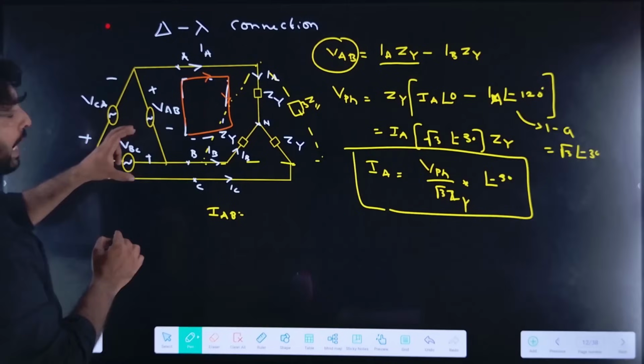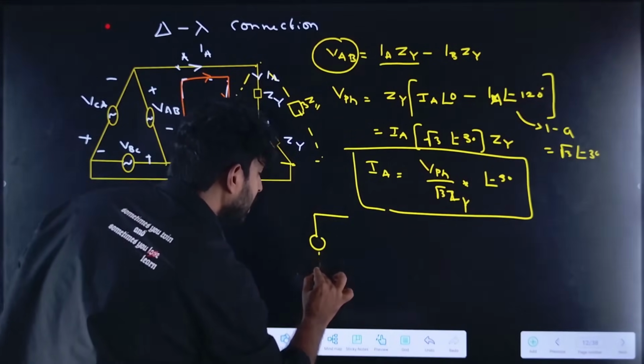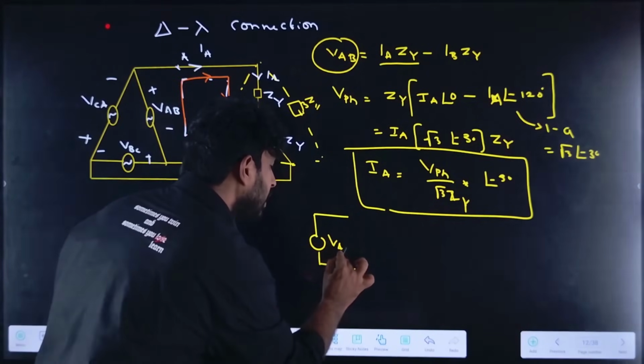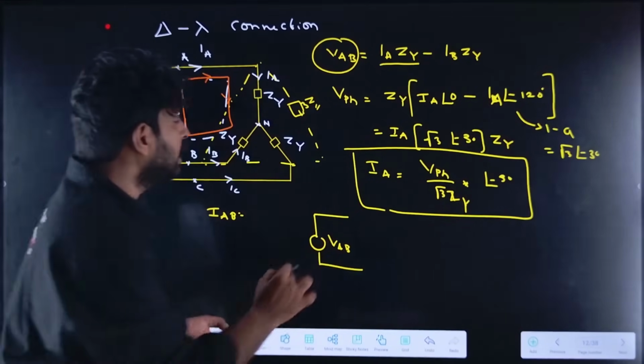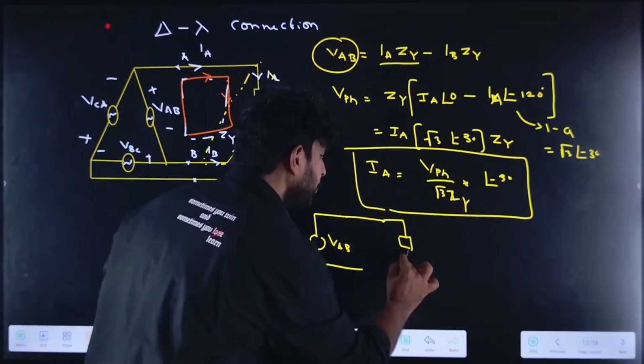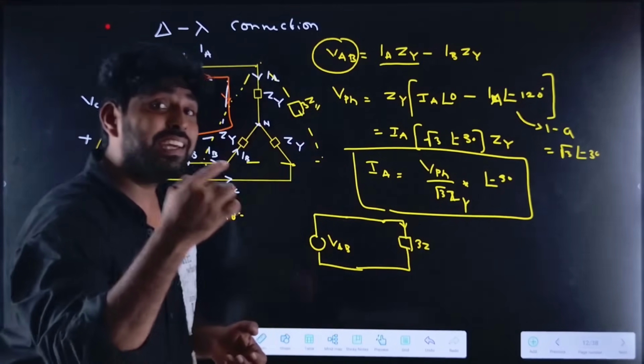Now I can make it a simple circuit. I will take one phase, VAB or V phase, connected to the 3Z, and it carries IAB.